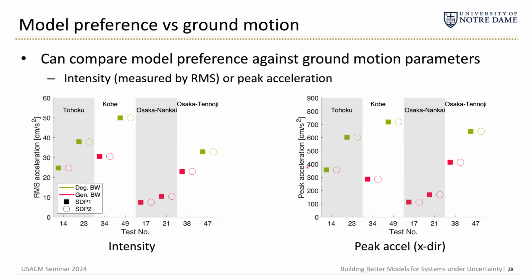And so what I'm showing you here are some different characteristics of the ground motion, say an intensity as an RMS acceleration, a peak acceleration, and I'm plotting that against model preference. And what you can see is that generally the more intense, higher peak acceleration ground motions tend to favor the degrading Bouc-Wen, and the lower intensity tend to favor the generalized, but there's clearly no easy line of demarcation or clear indication of where that break would be made.